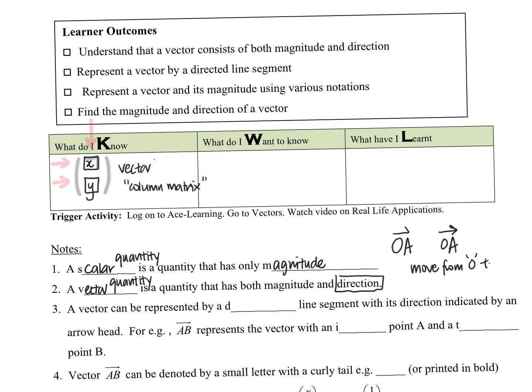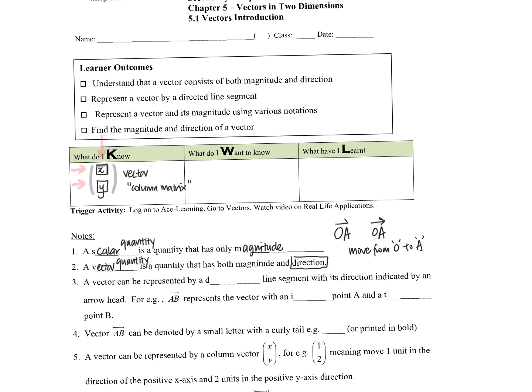origin to A. So in your coordinate geometry plane, if I say A is at 3, 5, okay, my coordinate A is at 3, 5. To move from O to A, so this is my vector OA.